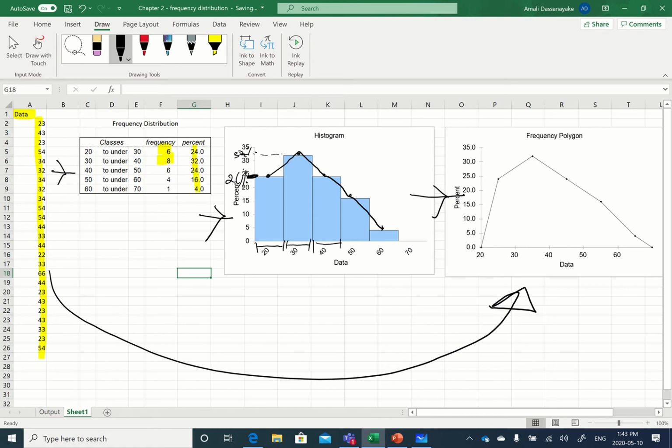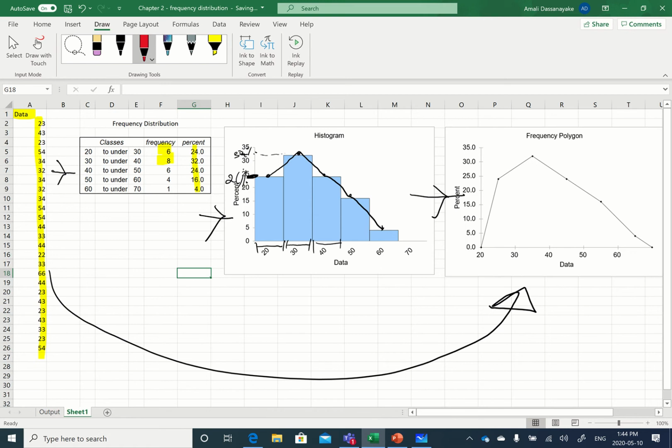So when you have a data set, we need to capture two pieces of information about it numerically. When you numerically present your data set, you need to think about where the center lies, where is the center of my data set, and what is the spread of my data set around the center.